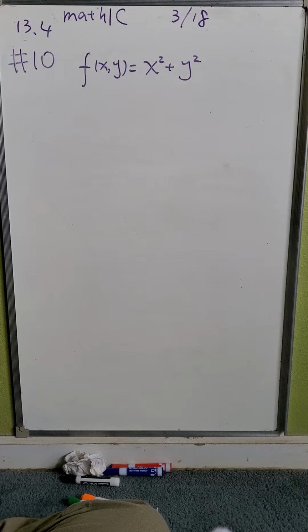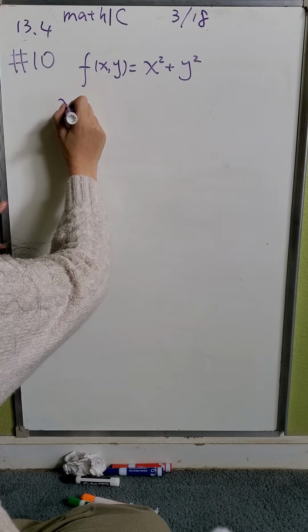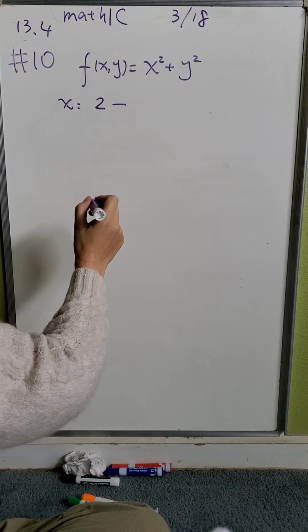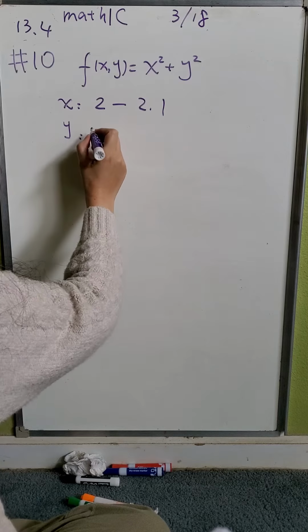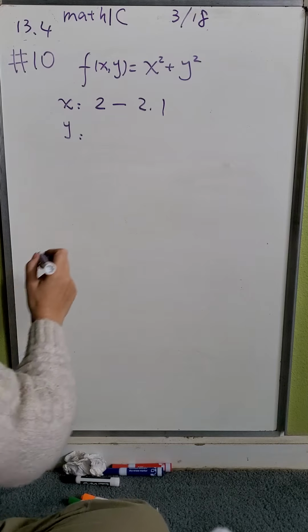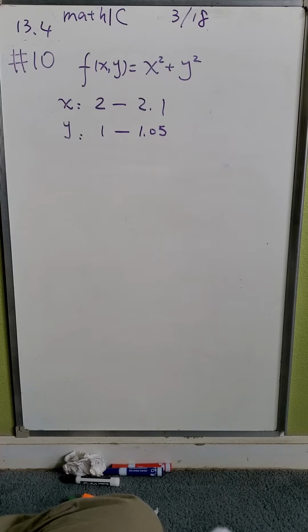And here's what they said, okay? They said x is going to go from 2 to 2.1, and y goes from 1 to 1.05. They want to find a couple of things.